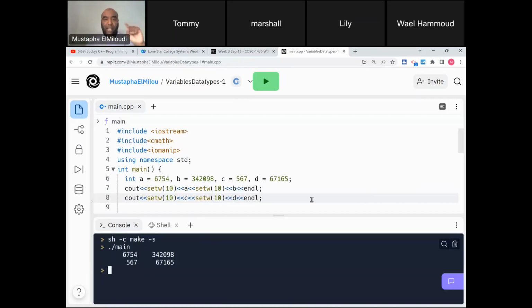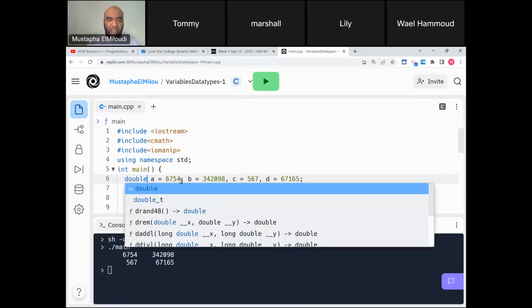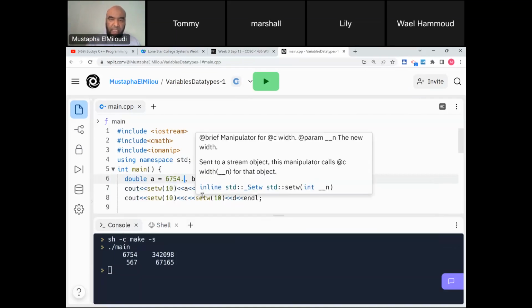Okay, now to answer your question about the decimal, we can deal with the decimals also. So let's say I have this decimal. Let me use this one, right? So I'm going to put points. Of course, I have to change them to double, right? Otherwise, it's not going to work. And then I'm going to put some decimals here. Let's say 0.98.